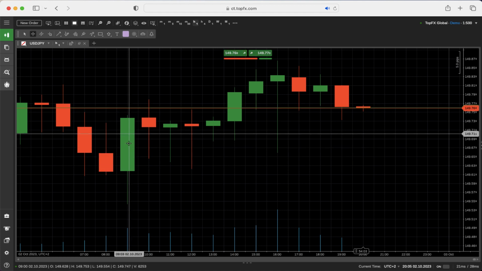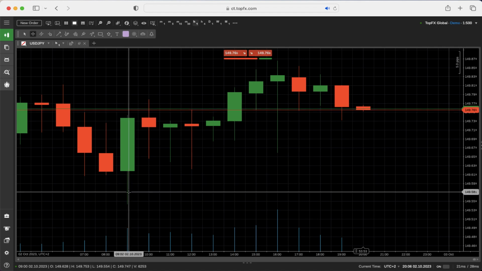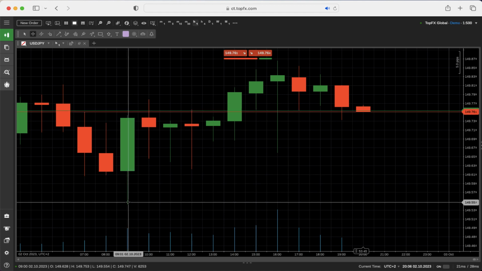During this hour, the highest level of the price was 149.75. So that's the top of this upper shadow. The lowest level of the market was at the level of 149.55. This is this wick or shadow, lower shadow.